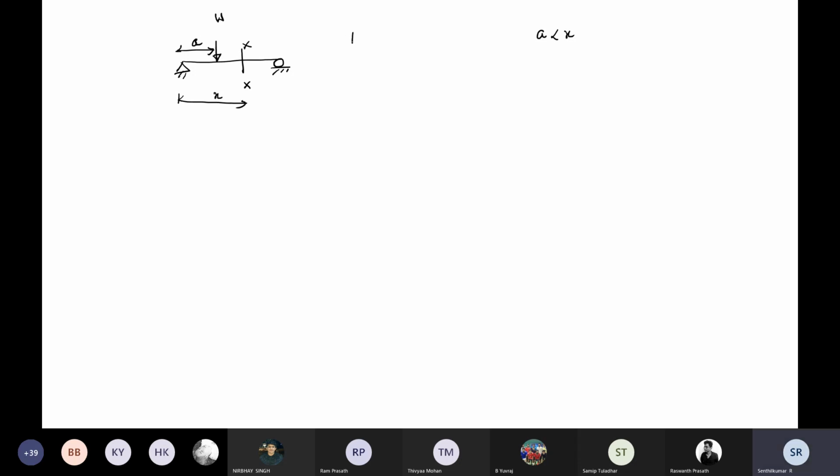What will be your RA? Taking moment about B equal to 0, if this is A, this is B: RA into L minus W into (L minus A) will be equal to 0. So my RA will be equal to W(L minus A) by L, right?